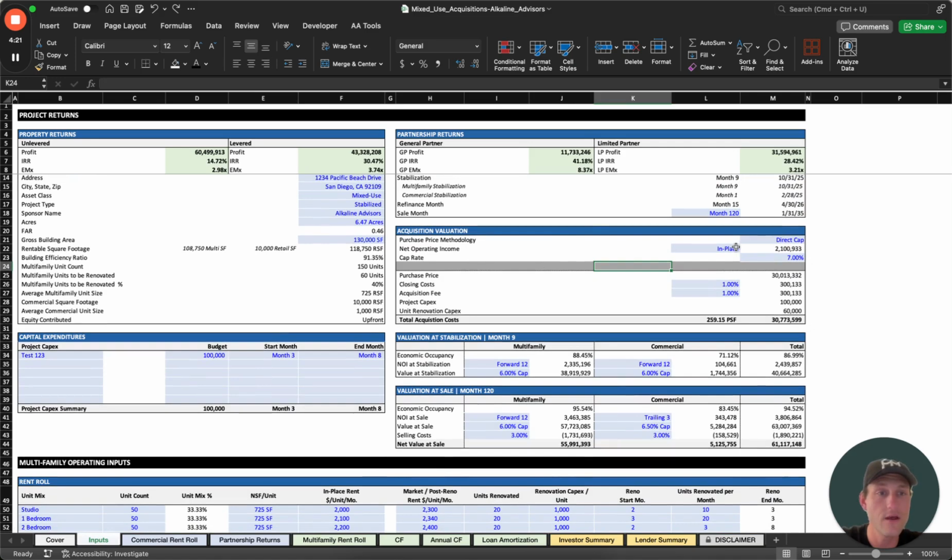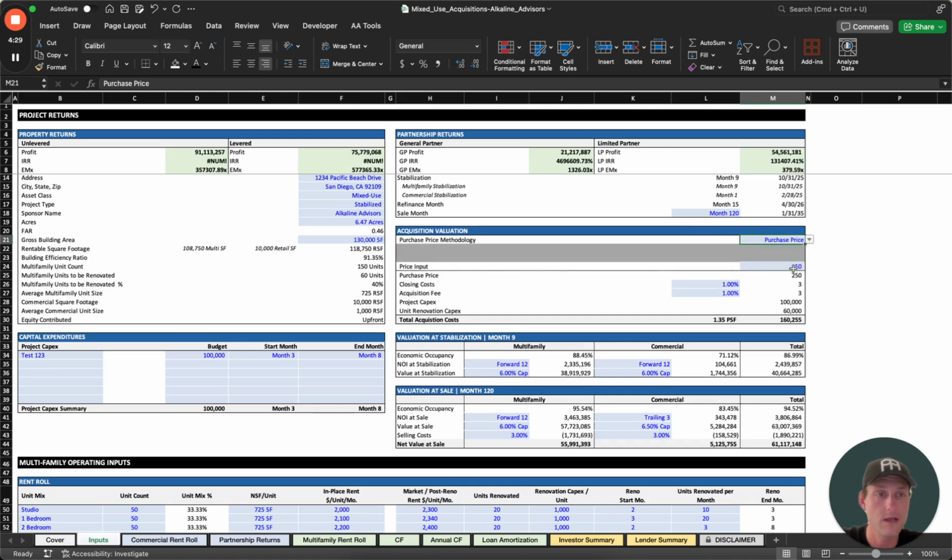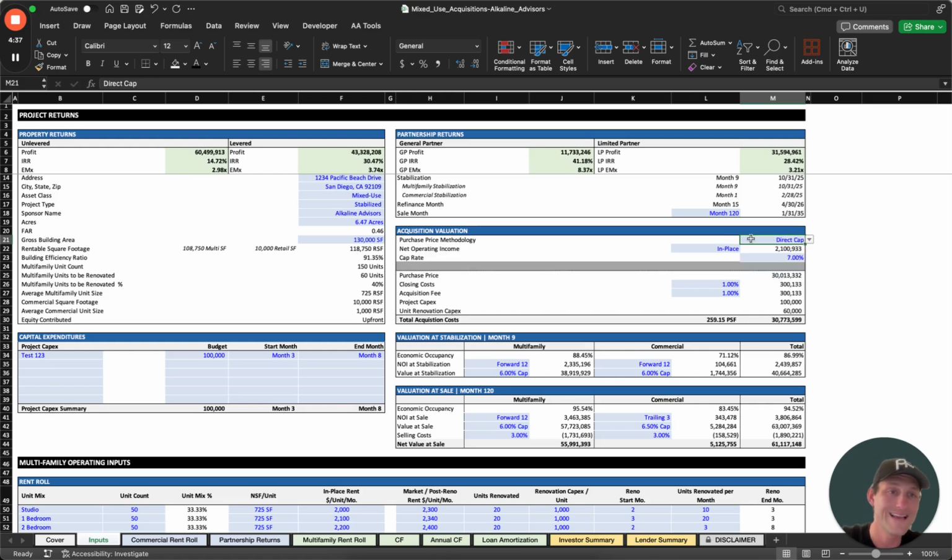So given the NOI, we can choose, well, a couple things. First, we can choose, are we going to spend a fixed dollar amount, as in a purchase price? Are we going to spend a purchase price per square foot amount? Or are we just going to take the cap rate of either the in-place NOI, the year 1 NOI, the year 2 NOI, or the stabilized NOI to give us the value of the asset in which we are going to purchase the asset for?